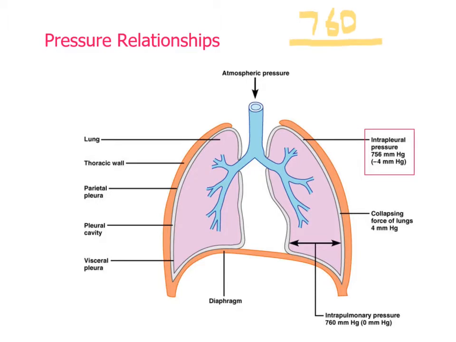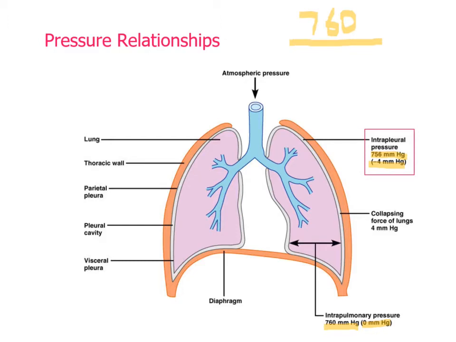Therefore, a pressure of 0 is equal to 760, right? Anything below 760 is a minus. So here you have 756 being equivalent to a minus 4.